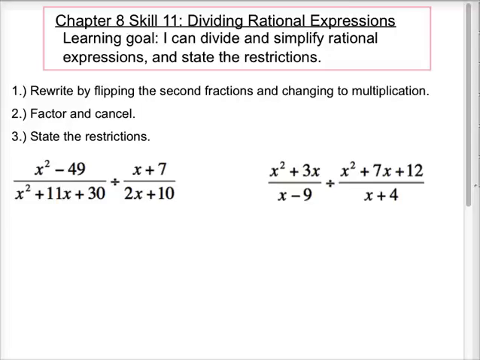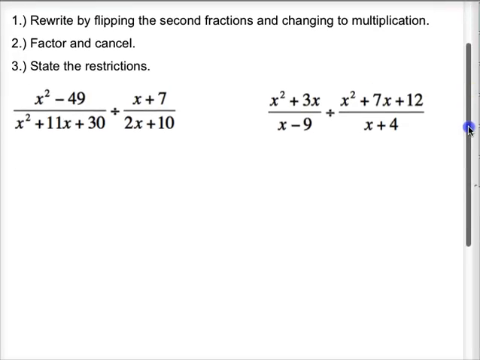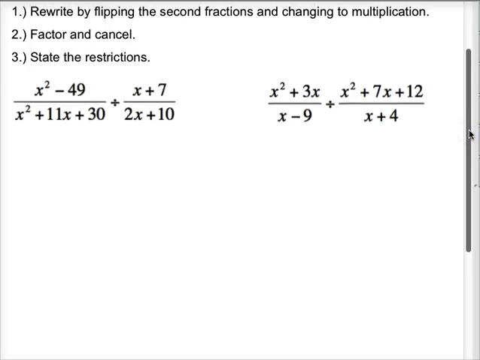Welcome back. So in this video, we are going to continue what we started in our previous lesson. So we're working on dividing rational expressions. And again, the very first step, the thing that you need to know when you're dividing is remember that you need to flip that second fraction.